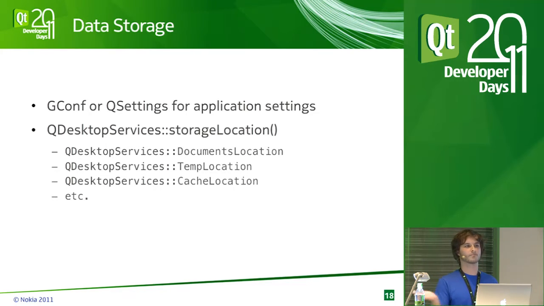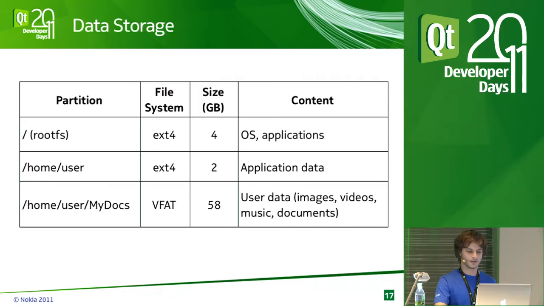Basically, depending on what you want to store, it gives you the right place to put your files. But there's one thing, actually, I'm not sure at the moment: the last one, the mydocs one, I'm not sure this function ever returns that one. So if you really have a large amount of data, you should really pay attention that it will always be in that partition.